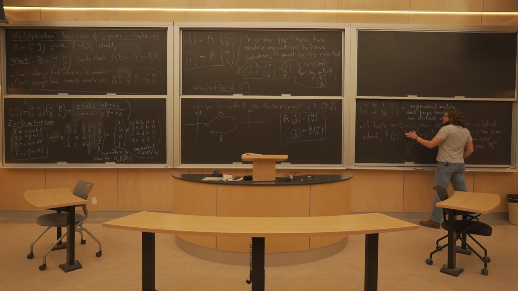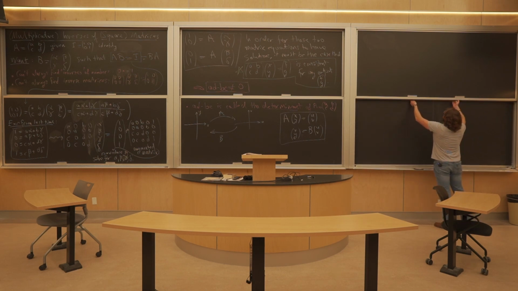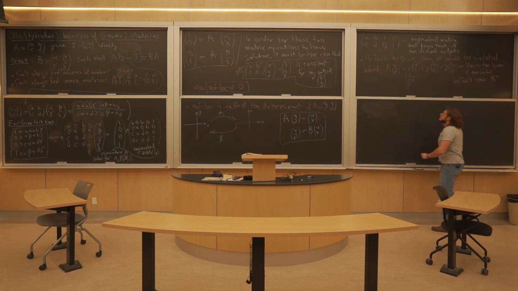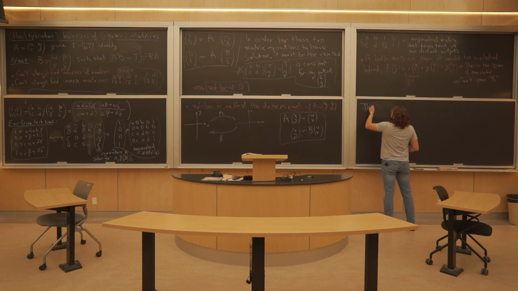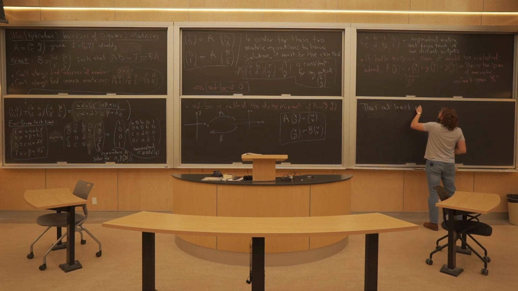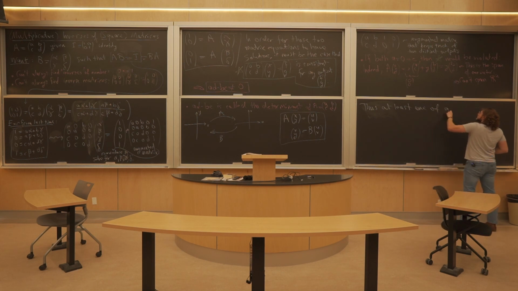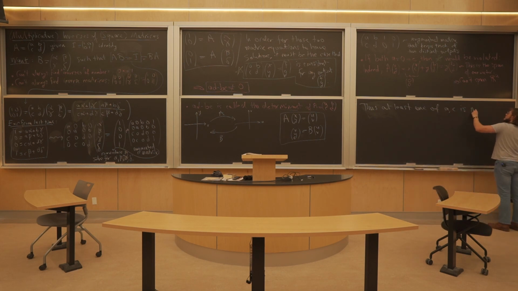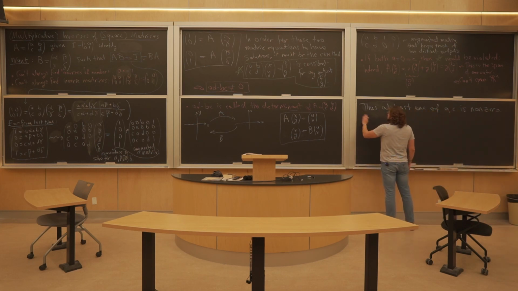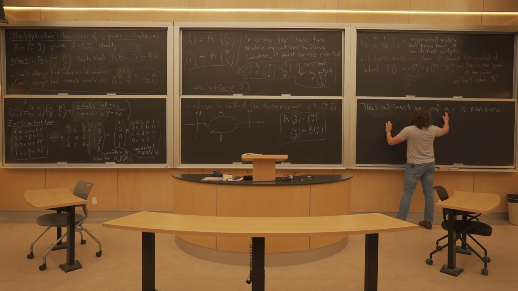Because of this, I have that at least one of them is non-zero. Thus, you've done the case when A is non-zero in the first problem of the first problem set.